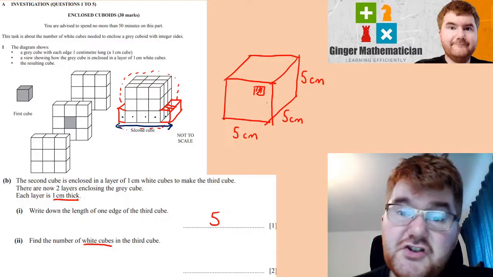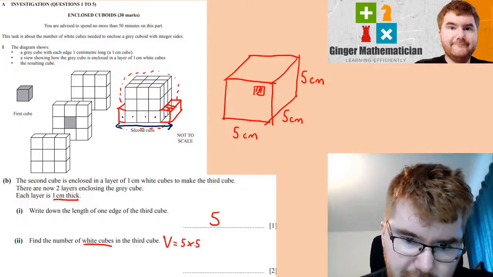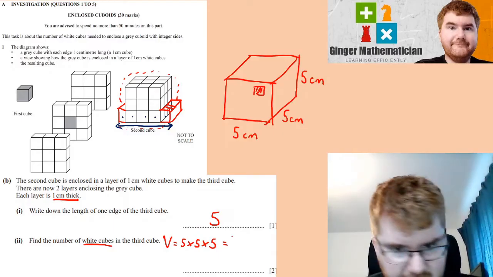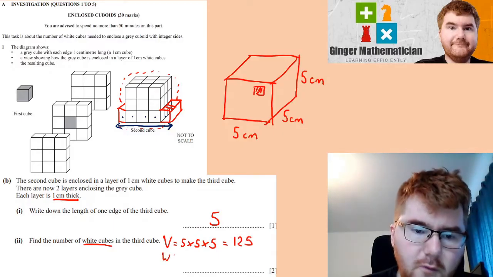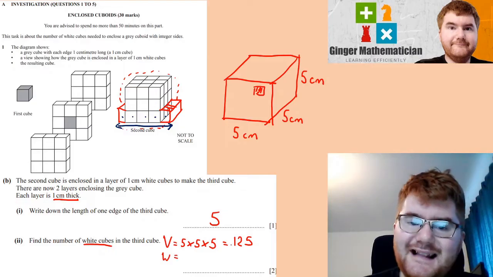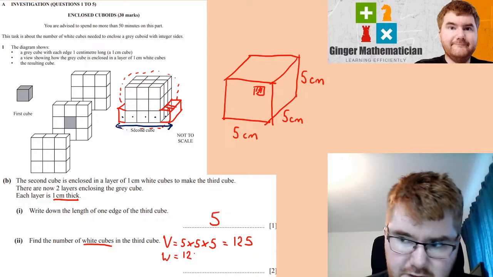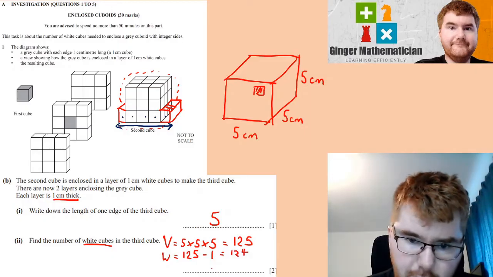Well, to work out the total number of cubes, we do 5 times 5 times 5, which of course you can do on a calculator, but I'll give you the answer here of 125. But remember, the number of white cubes here is one less than this because we have this grey cube in the middle. So we do 125 minus 1, and that's equal to 124.